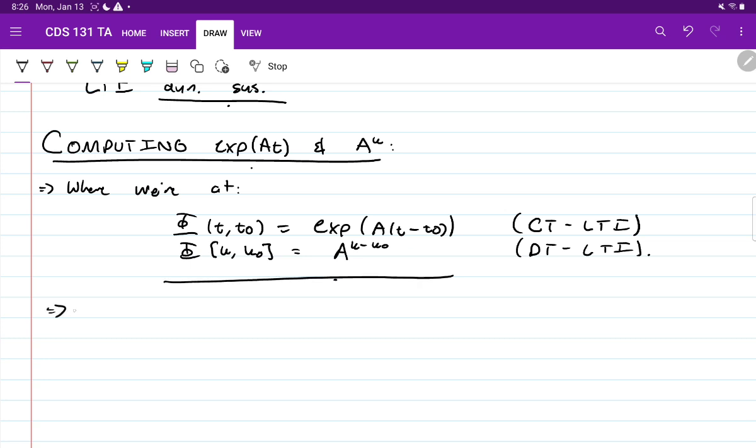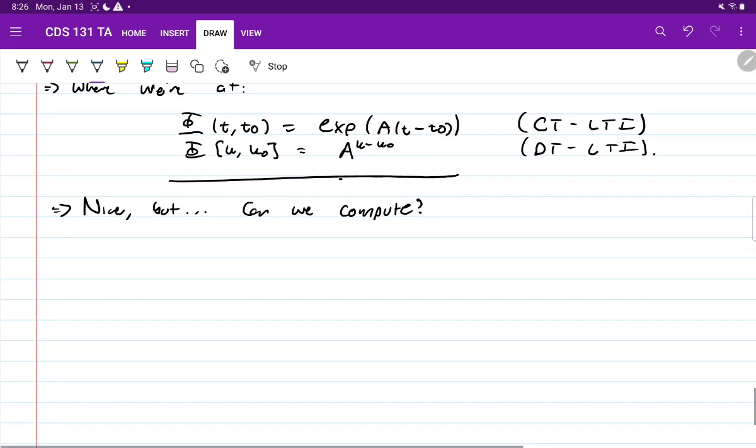These things are nice, but can we actually compute them? Things seem to have simplified significantly, but I've taken one infinite series, the Peano-Baker series, and handed you another infinite series, the exponential. So let's make sure we haven't shortchanged ourselves. We have to make sure that we can actually compute the matrix exponential and any power of A in order for these simplifications to be useful.